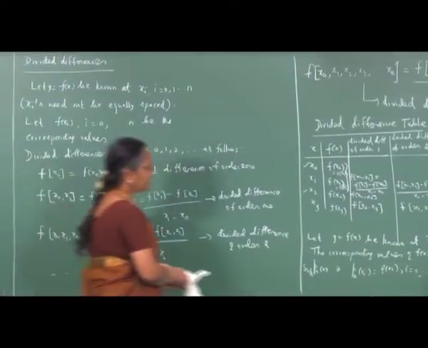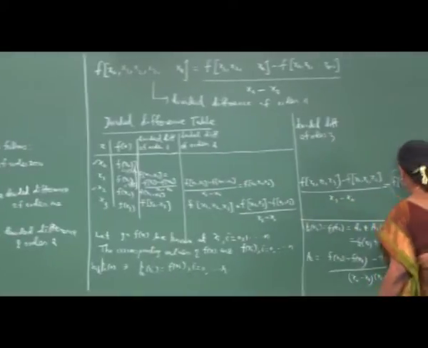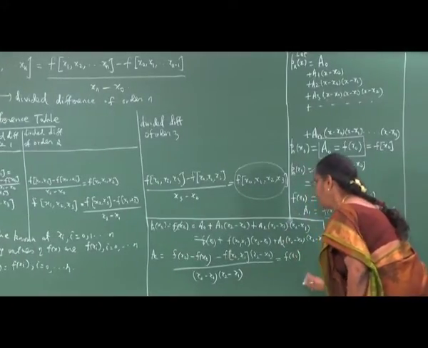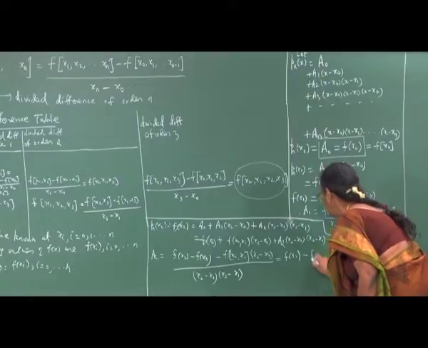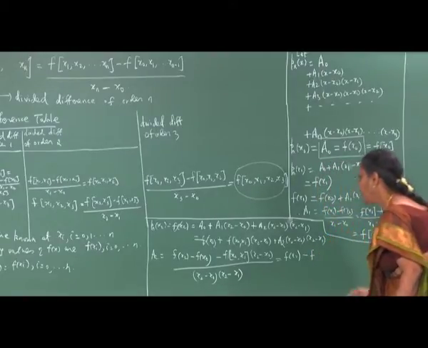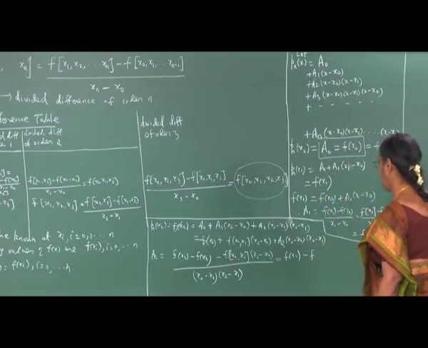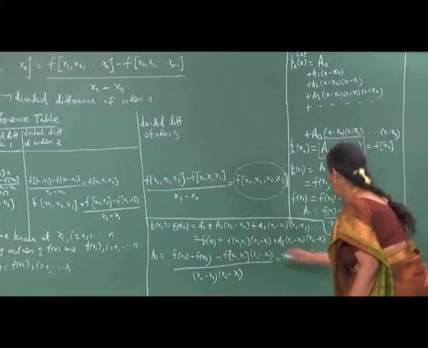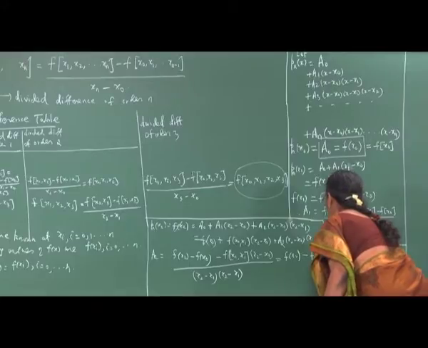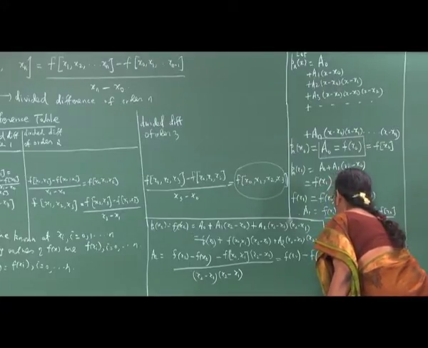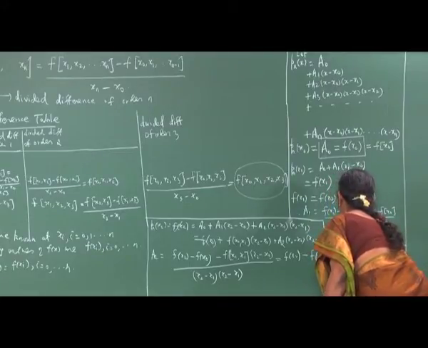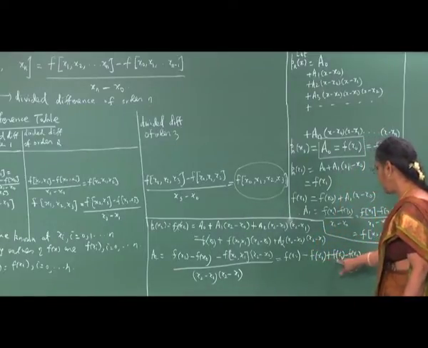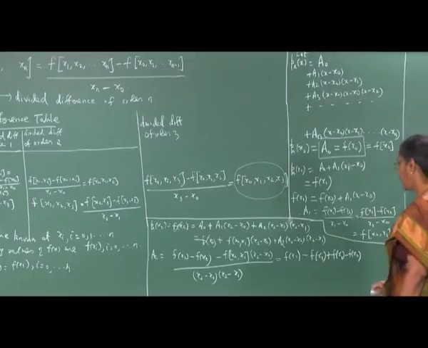So, we rewrite this term as follows. This is f of x2 minus f of x1 plus f of x1 minus f of x naught. So, I have subtracted f of x1 and added f of x1.